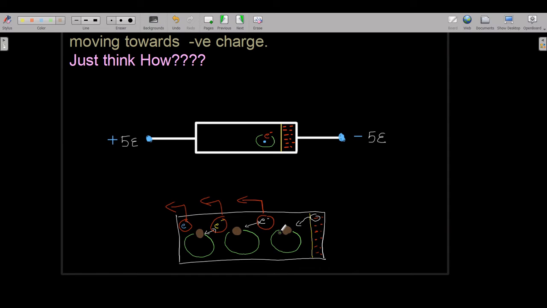This atom, we'll use a different pen. So at the same time, this atom is gaining positivity.